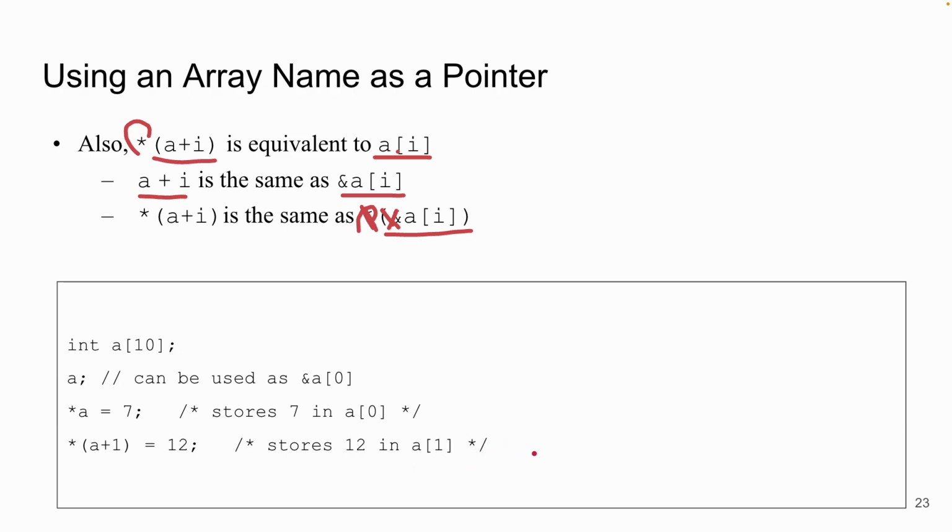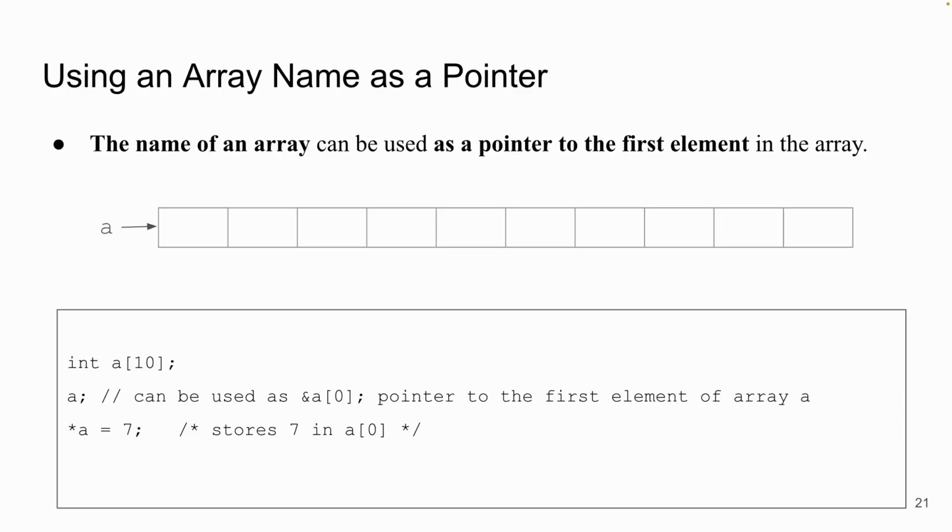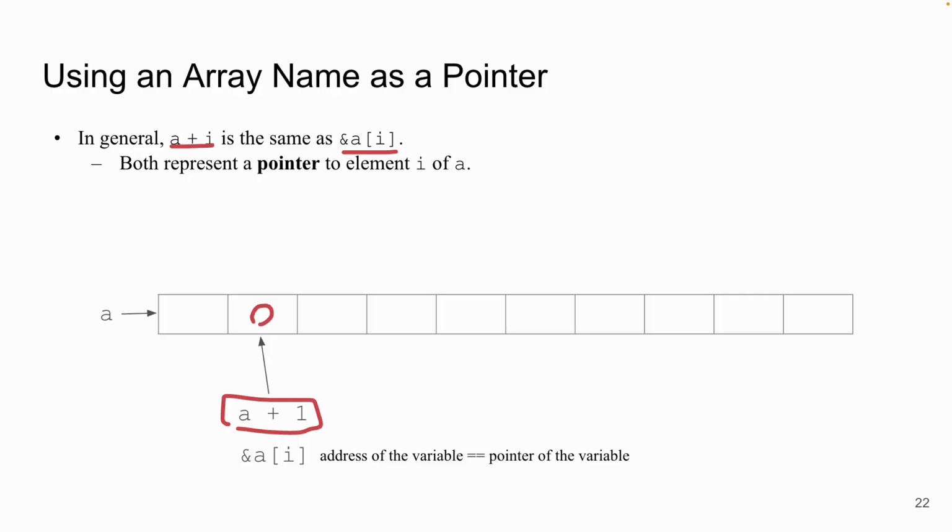Okay, can you guys still keep up with the slide right now? There are a lot of new things here. First, we need to remember the array name is a pointer to the first element of the array. So that is why we can apply pointer arithmetic on the array name. And the following things, we just follow the same concept of pointer arithmetic.